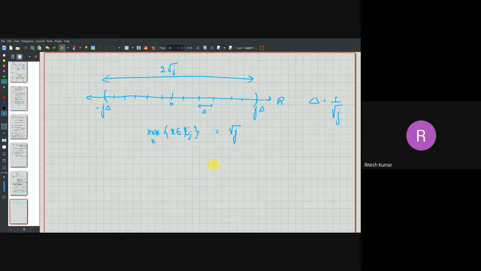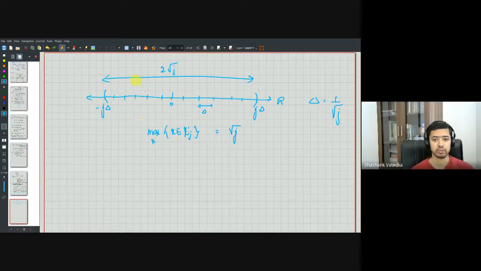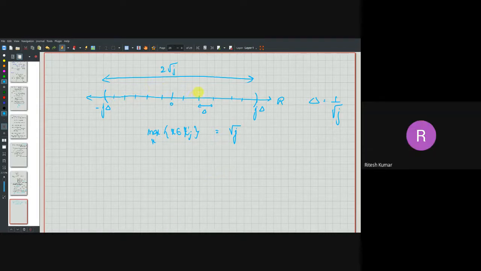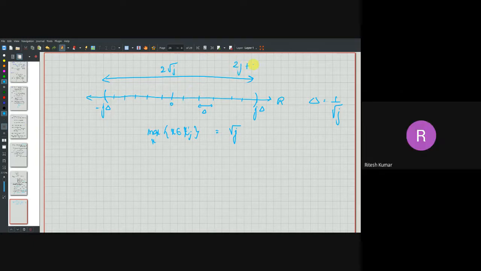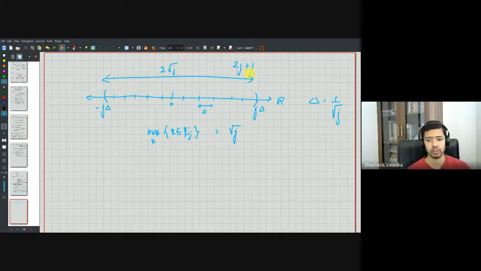The number of levels is going to be 2j plus 1, but the actual range, or the maximum value of the largest symbol that you will be transmitting, will be roughly square root of j.